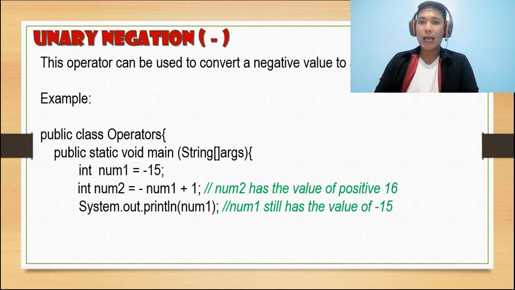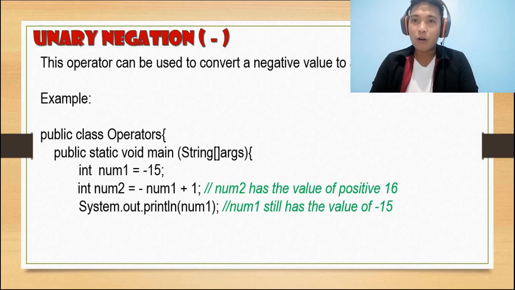So we add another negative to the variable, meaning negative plus negative. Mathematically, negative plus negative is positive. So plus 1, the result is positive 16.